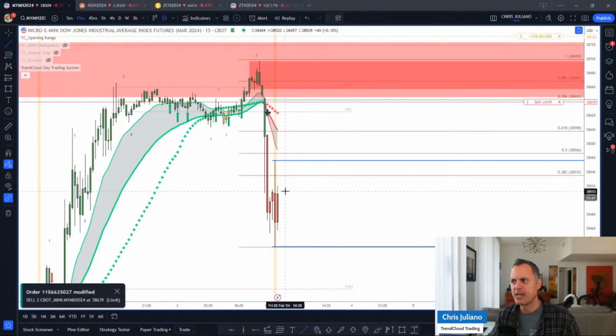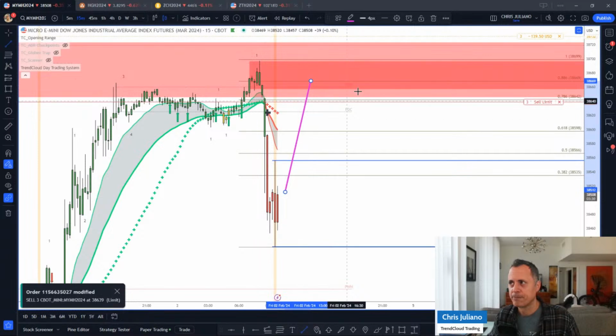Gary, if we break to the upside on the opening range, isn't that going to be strange? It's like we're breaking out to the upside with all this downward momentum. Look what we're heading for.